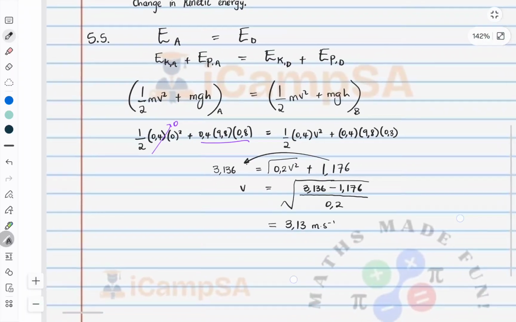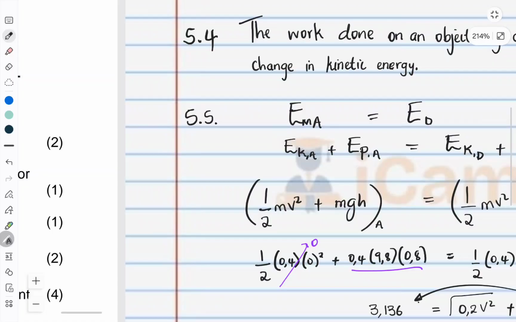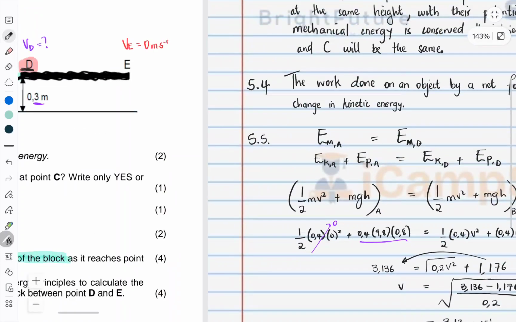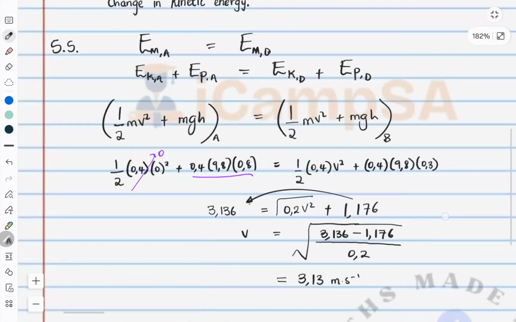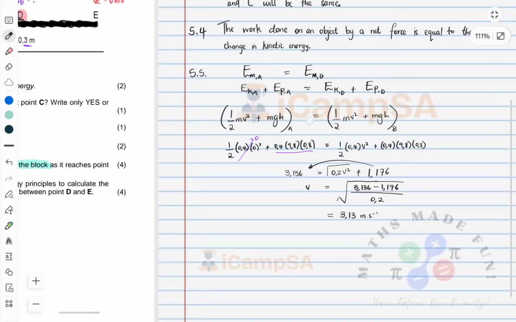That's how you would get your 4 marks there. So let's call it EM at point A is the same as EM at point D. Forgive my notation, but this is how I would answer. Total mechanical energy at point A is the same as the total mechanical energy at point D.